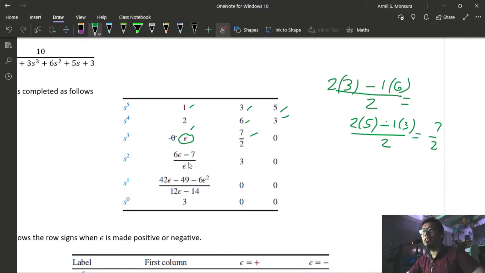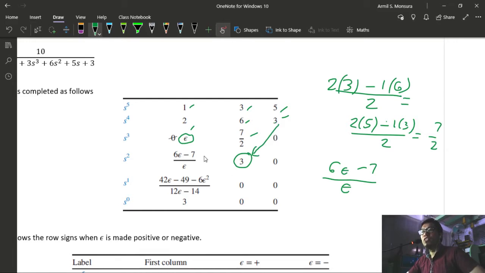So we will evaluate now ito as 6 epsilon minus 2 times 7 halves, so that is 7 divided by epsilon. And then ito, again this would be 3. Again, this is 2 epsilon tapos 3 tapos 0. So ito pwede natin i-carry over dito.